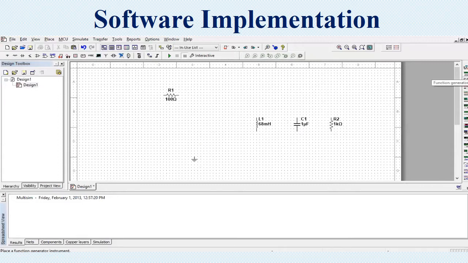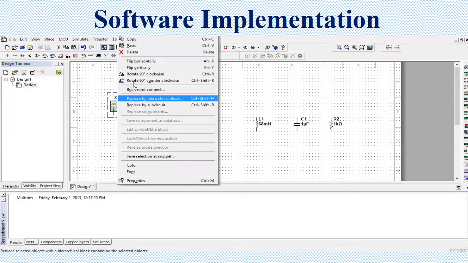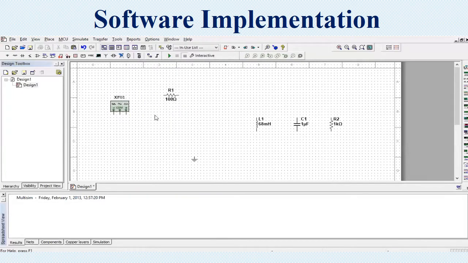So here, at the second number, I have the function generator. We have to connect the positive of the function generator with the positive of the resistor and negative with the ground terminal. So I have to rotate the function generator position, flip horizontally, and connect the resistor right there.